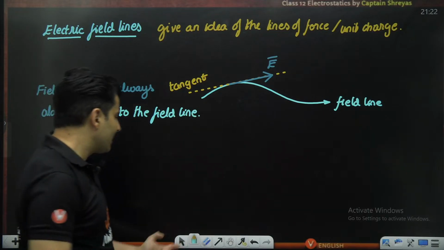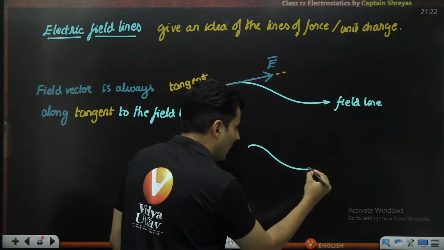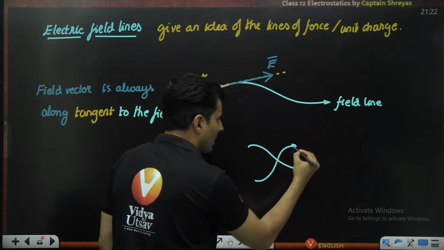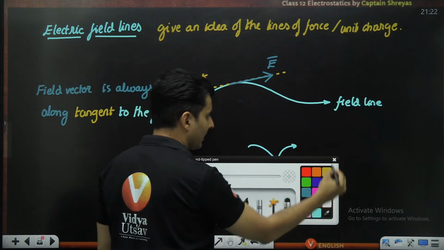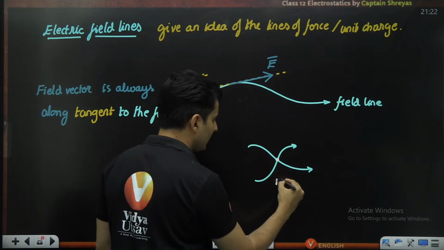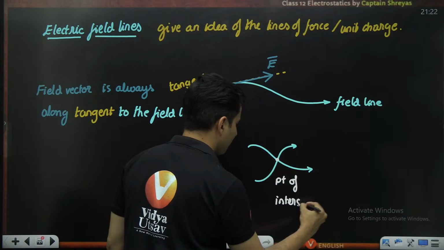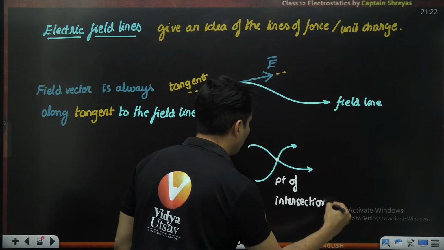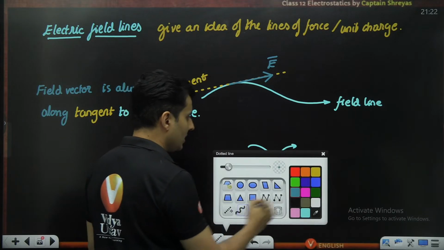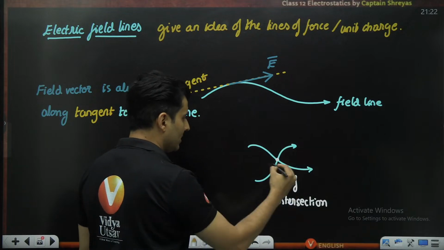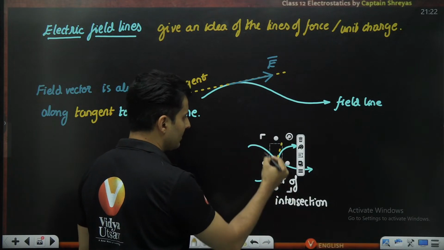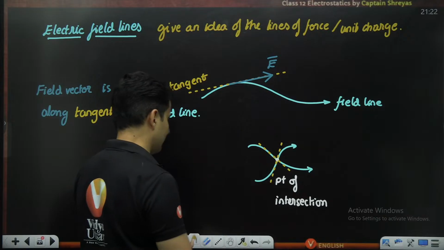This also means that if I have two electric field lines, by chance they intersect. This is the point of intersection. Then there is a new problem, because then I will have two tangents. One tangent like this and another tangent like this.